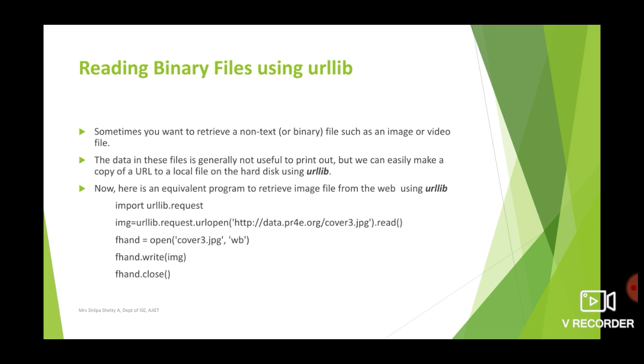So img is equal to urllib.request.urlopen. Then we write the name of the web page that we would like to open, that is data.pr4e.org. From this we want to open a file called cover3.jpg, then .read().